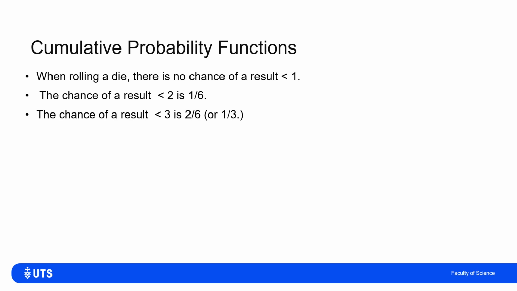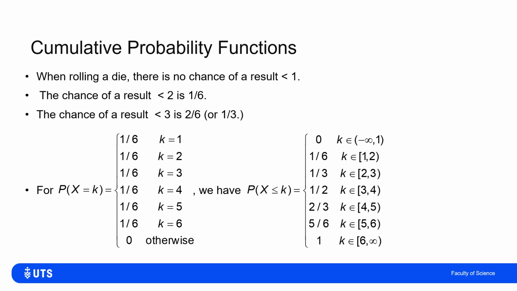Similarly, the chance of a result less than 3 is the chance of a 1 or a 2, so that's 2 chances in 6, or 1/3, and so on. So if I actually work out where the cumulative probability jumps up, it jumps up at every integer.